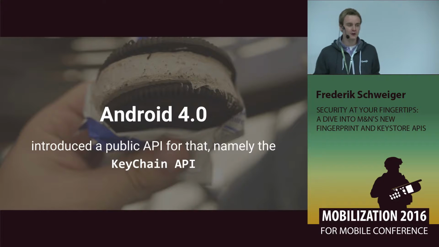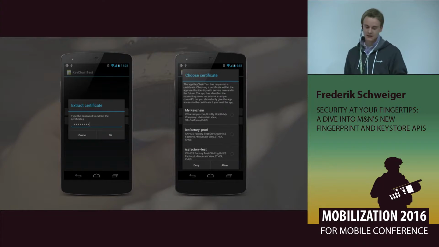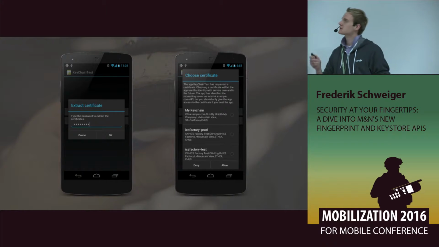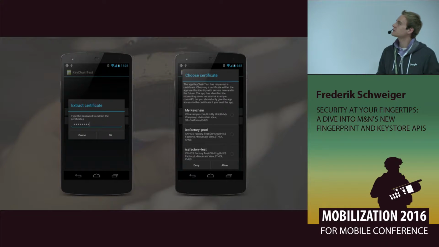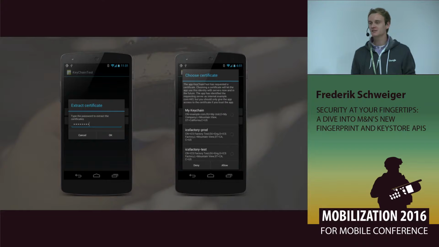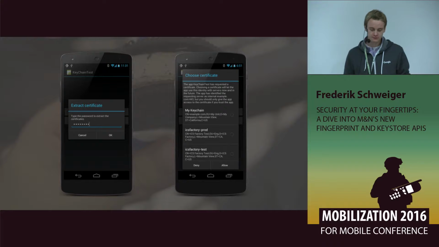And your app was able to fire some kind of intent in order to install a new certificate, and then these super beautiful dialogues popped up on the user screen. And as you can imagine, it's not the best user experience for the not so techy user to be prompted to install this certificate, to import it, to enter the password, and so on.